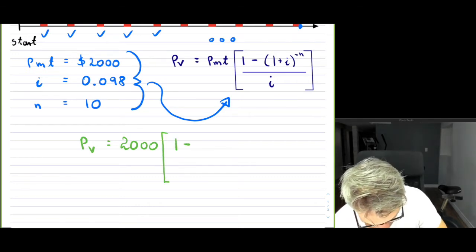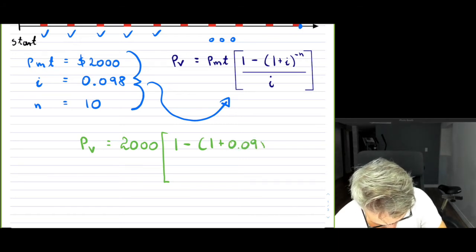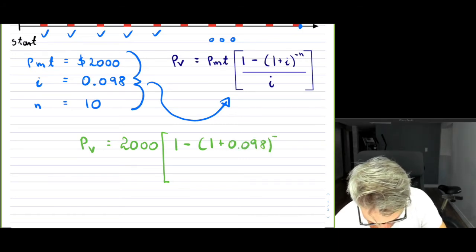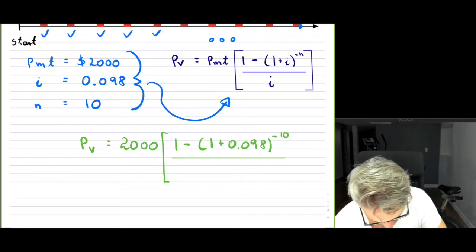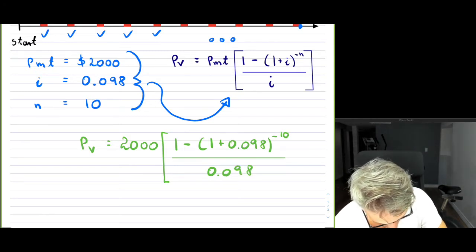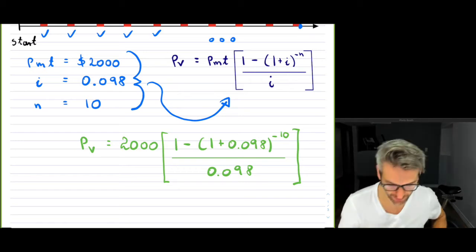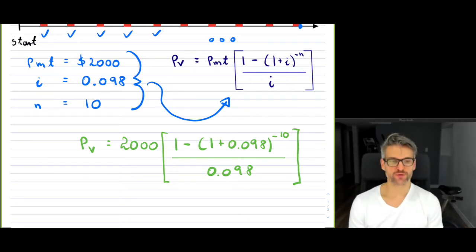Then it's 1 minus 1 plus 0.098, okay, to the negative 10, and divided by I, which is 0.098. Close my brackets.